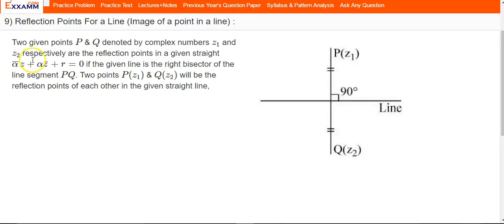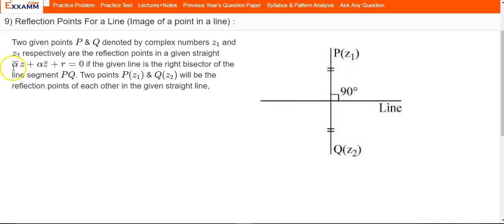So if 2 points P and Q denoted by complex numbers z1 and z2 respectively are reflection points against this line, then their middle point would lie on this line, and this line would be the perpendicular bisector of the line joining P and Q, because of the property of a mirror image.